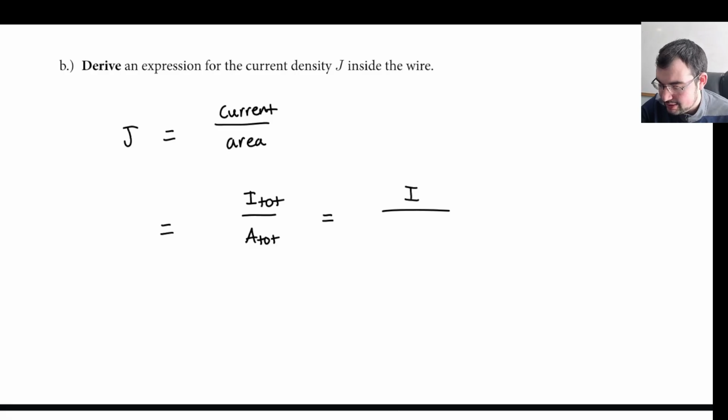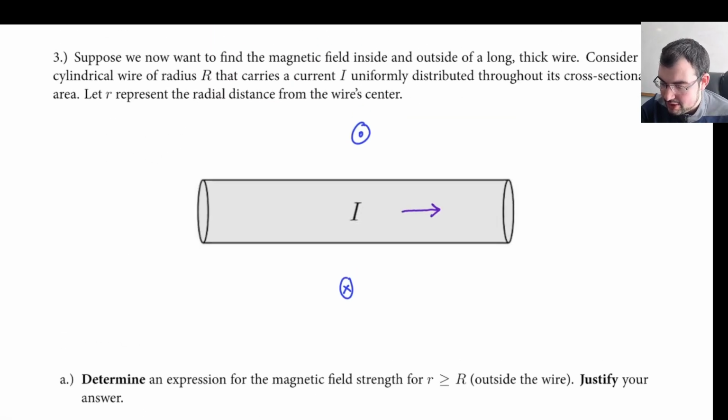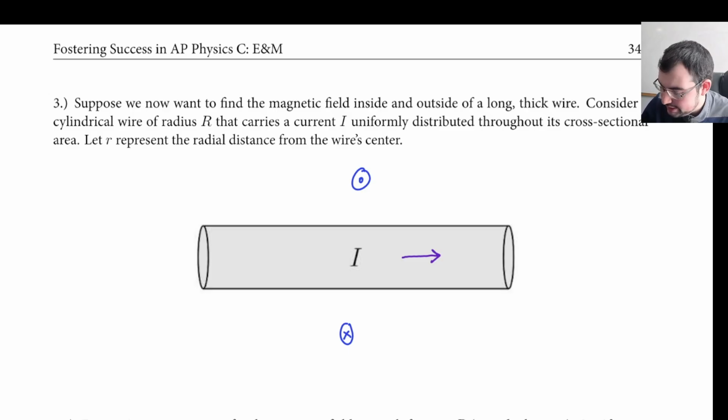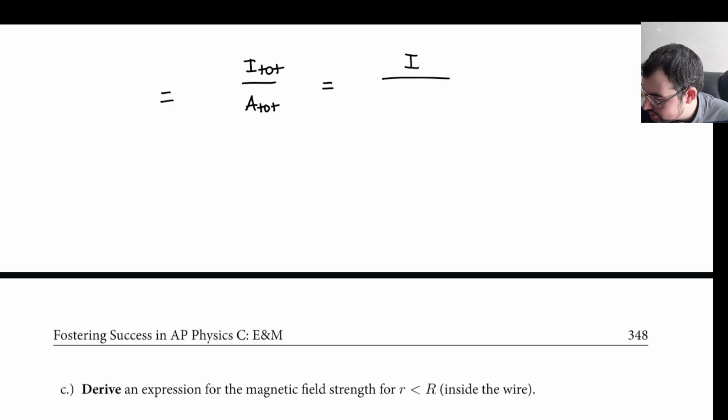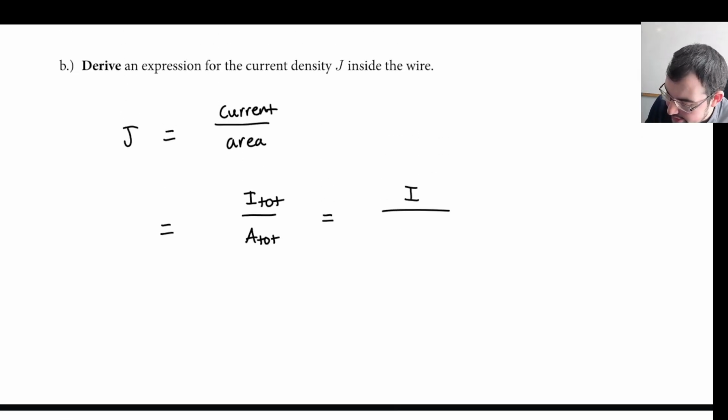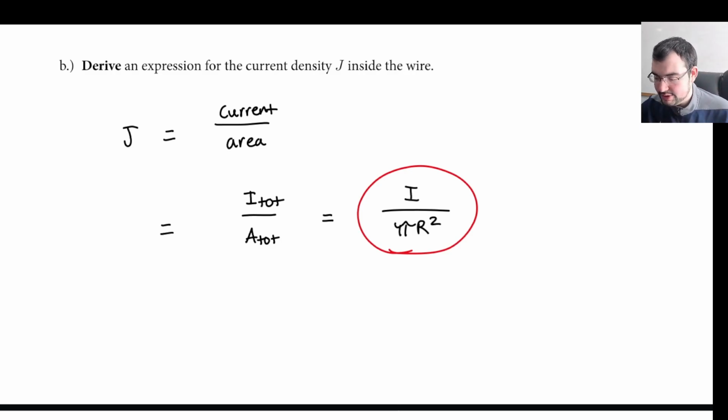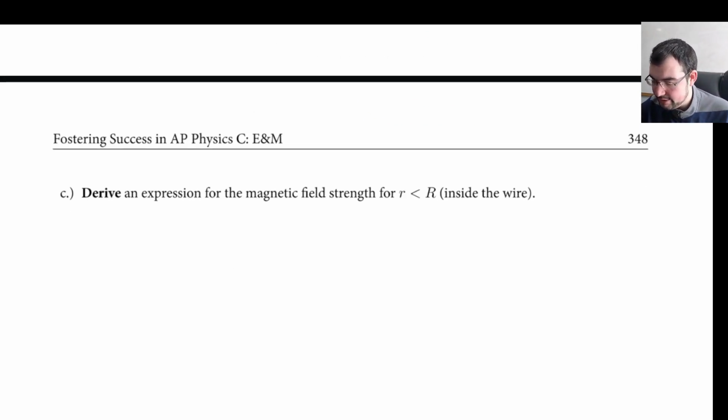So again, this is not the surface area like with Gauss. All the current is distributed in sort of this cross-sectional area. So we're looking at different segments there. So what's the cross-section that it's distributed through? Well, it's just a circle, and it has radius big R, because that's the wire's radius. And again, this is a constant number, right? This is because we have constant I and a constant big R.